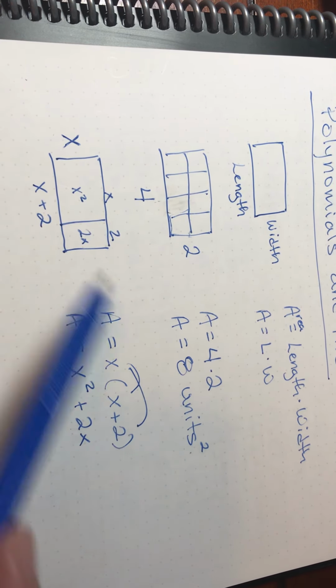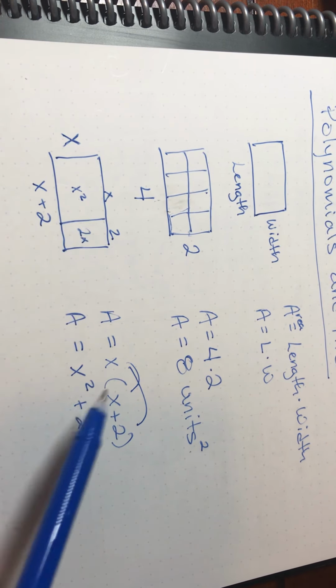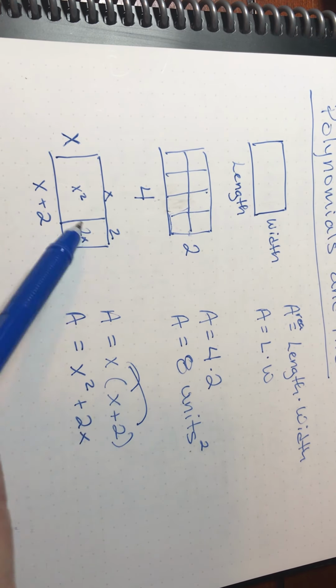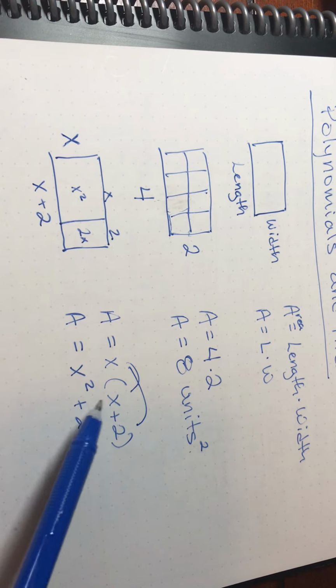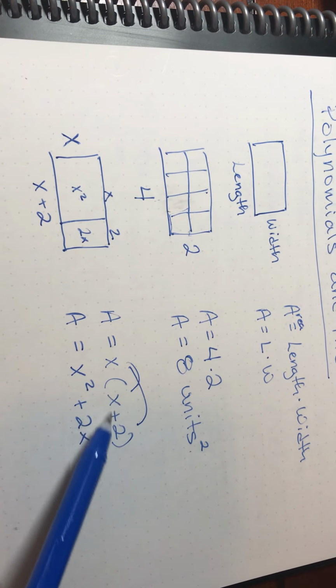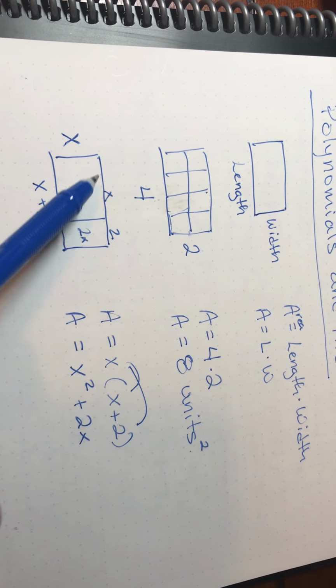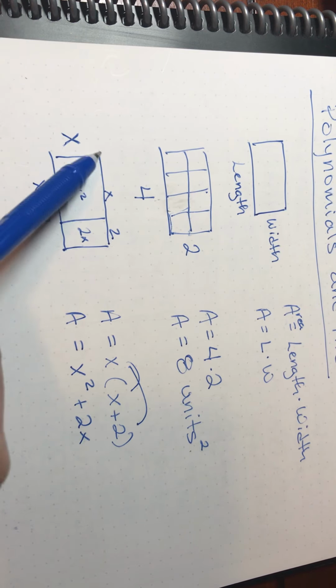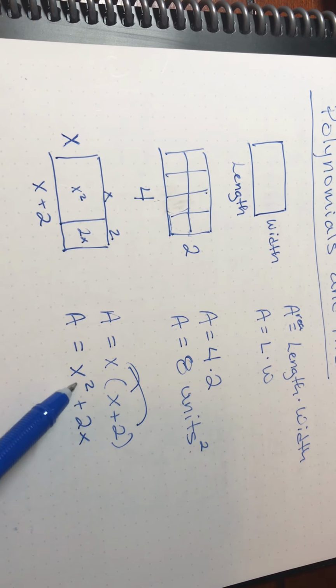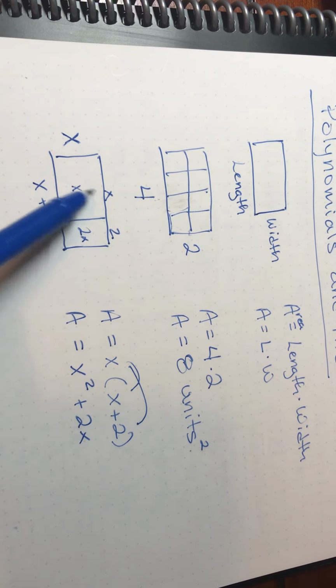So I really like this model because it shows very clearly visually how we get the factored form by looking at the outer dimensions, and how we get the standard form by looking at the sum of the pieces.